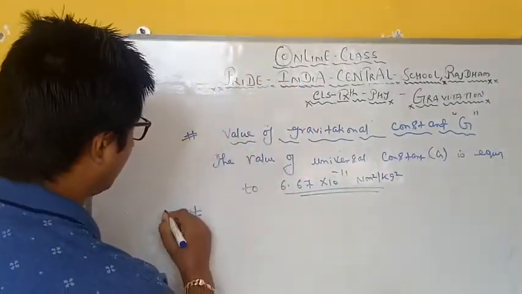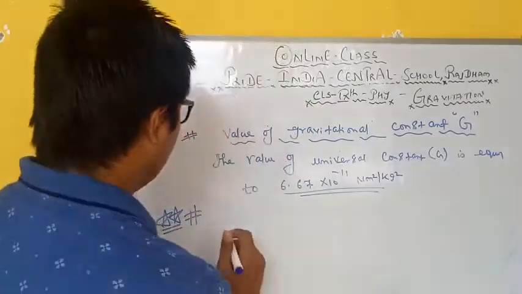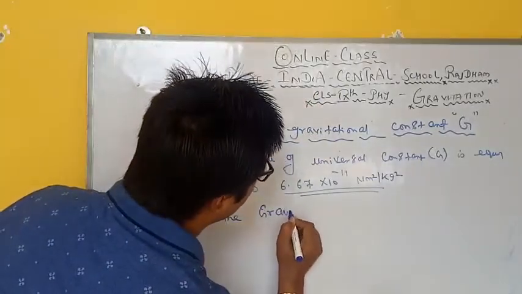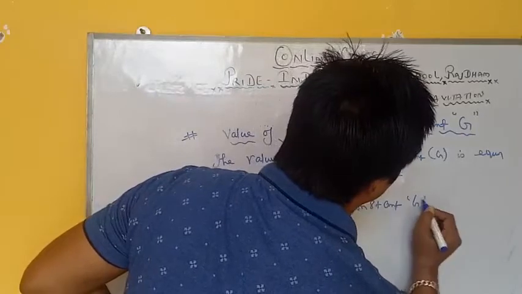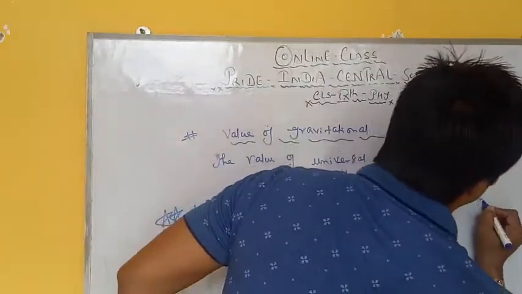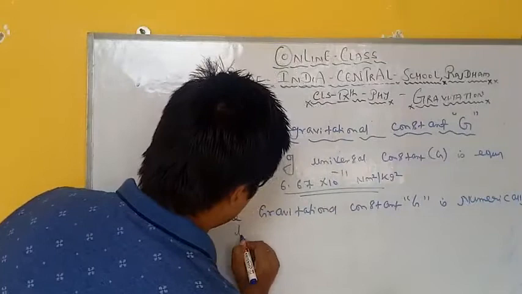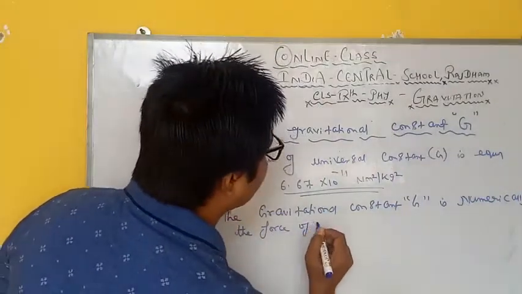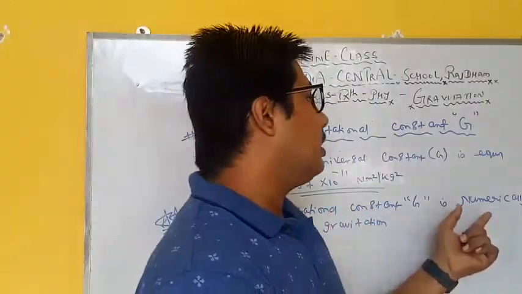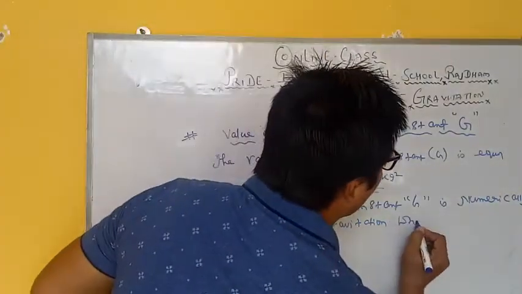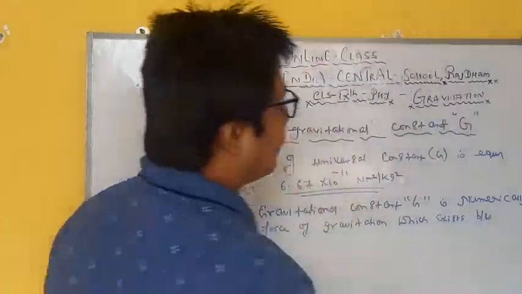Another important point to be noted is that the gravitational constant G is numerically equal to the force of gravitation which exists between, this is B by W means between, this is exist, not exit.